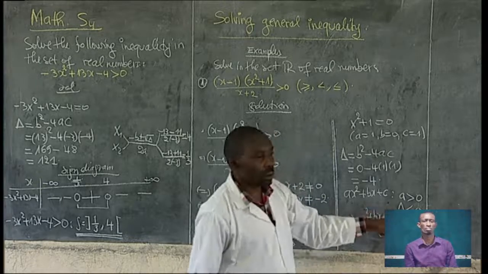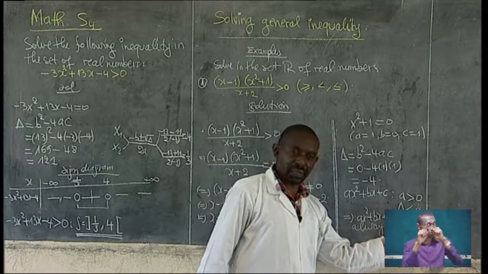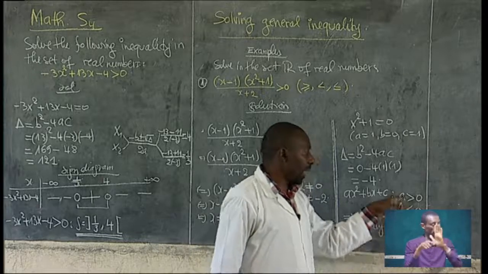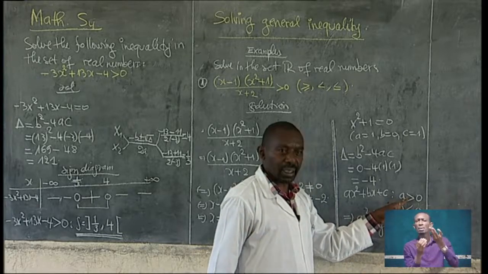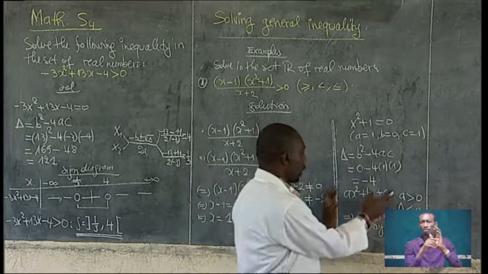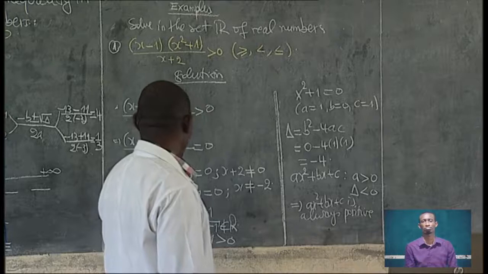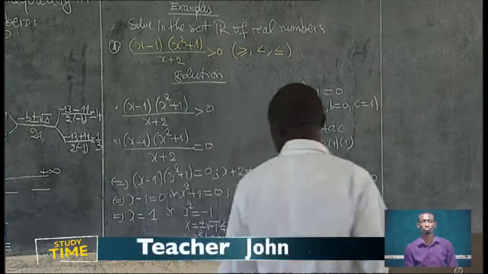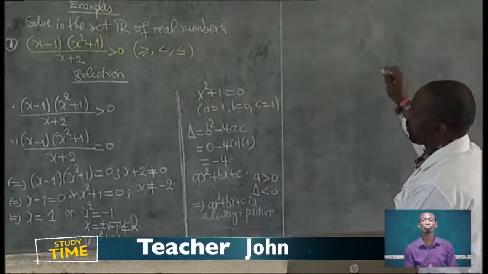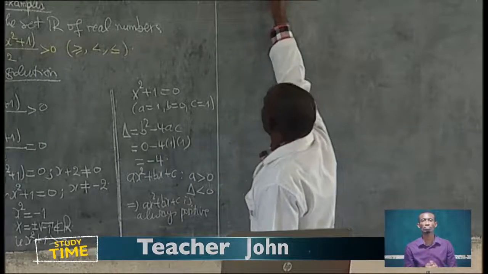In the case the discriminant is negative and the leading coefficient, I mean a, is negative, this expression will be always negative.